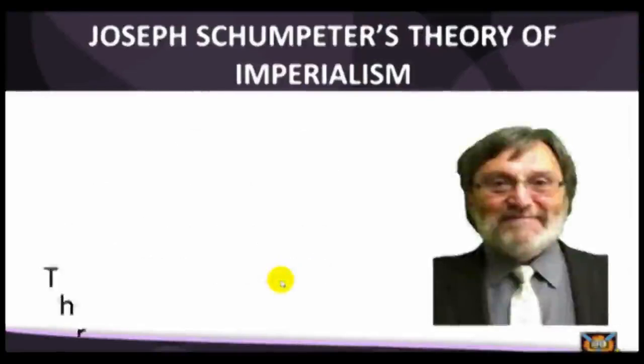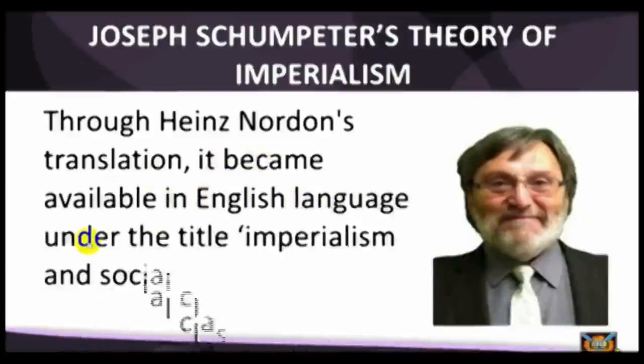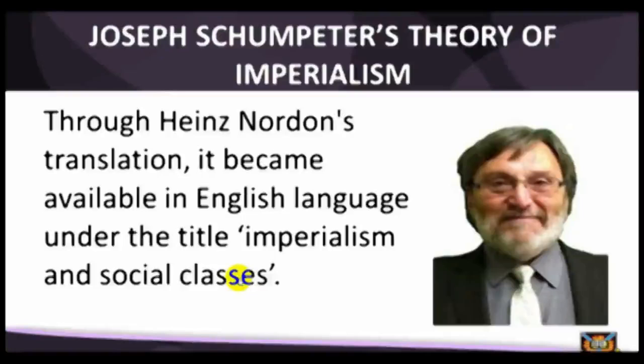Through Hans Norden's translation, it became available in the English language under the title Imperialism and Social Classes. Schumpeter explains imperialism as social atavism. It cannot be explained in terms of special interest, economic, political, or any other, he argues. In his view, imperialism is a non-rational phenomenon which consists in aggressive expansionism without a specific objective in mind.